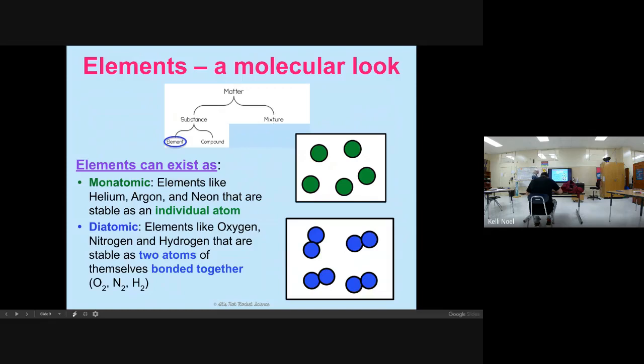Then you have elements like oxygen, nitrogen, hydrogen. They cannot exist by themselves. They have to be combined or bound to another atom. If they are bound to themselves, so two atoms of oxygen bound together like this picture, they are called diatomic.